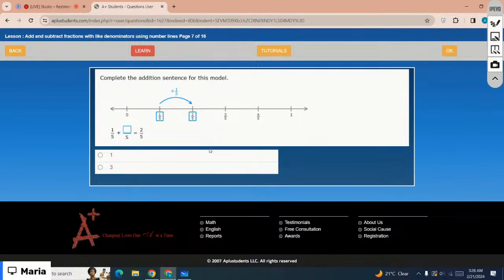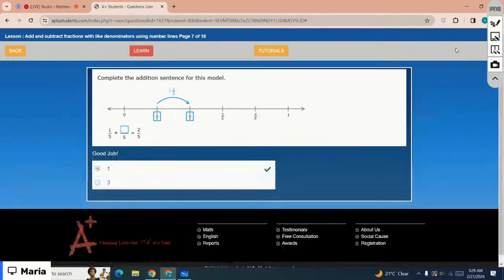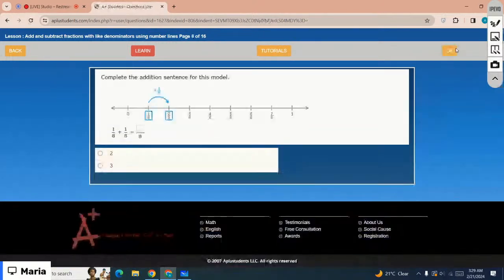The correct option is 1 over 5, right? The next one is complete the addition sentence for the model. So which is the correct option?